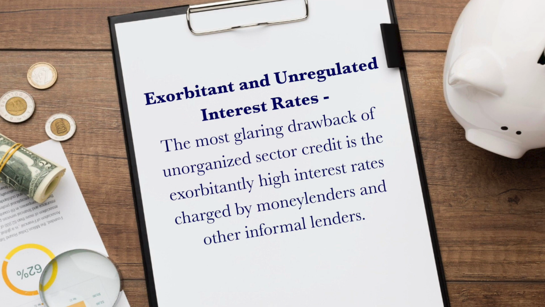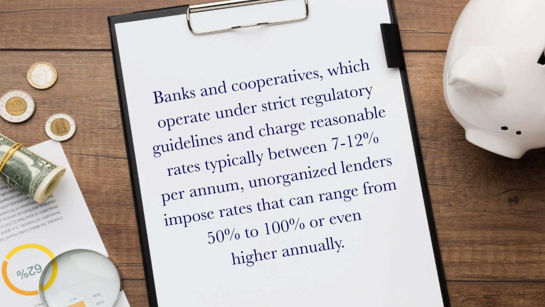So, number one is exorbitant and unregulated interest rates. The most significant drawback of unorganized sector credit is the exorbitantly high interest rates charged by moneylenders and other informal lenders. Unlike institutional sources such as banks and cooperatives, which operate under strict regulatory guidance and charge reasonable rates between 7 to 12% per annum, unorganized lenders impose rates that can range from 50% to 100% or even higher annually.